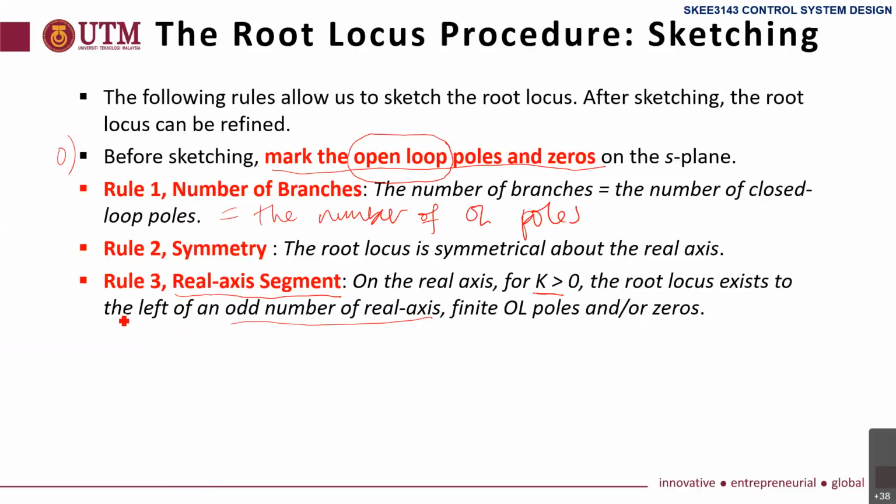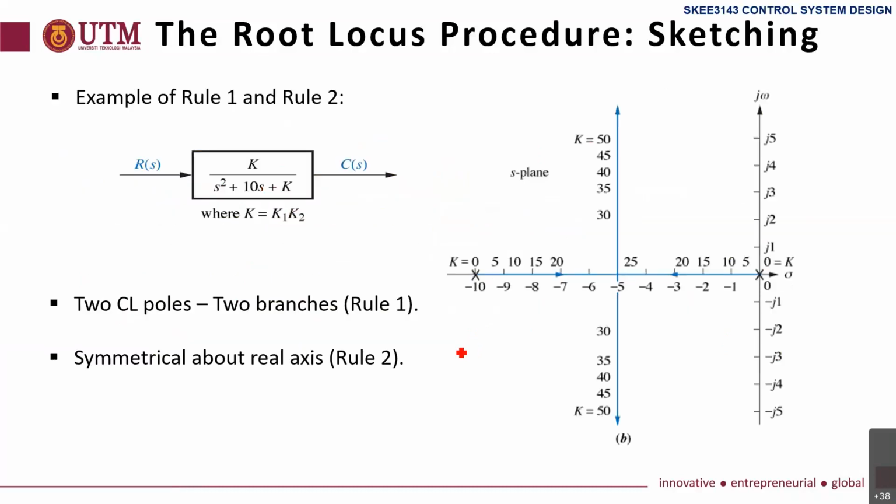This might be difficult to understand. We will discuss this. I will show by a few examples. Let's move on. Now we want to see an example of rule number 1 and rule number 2.